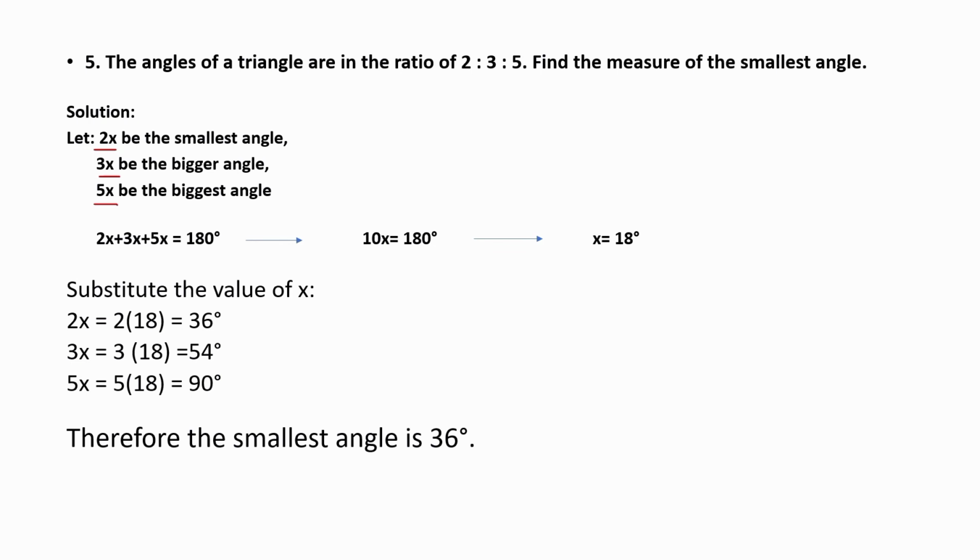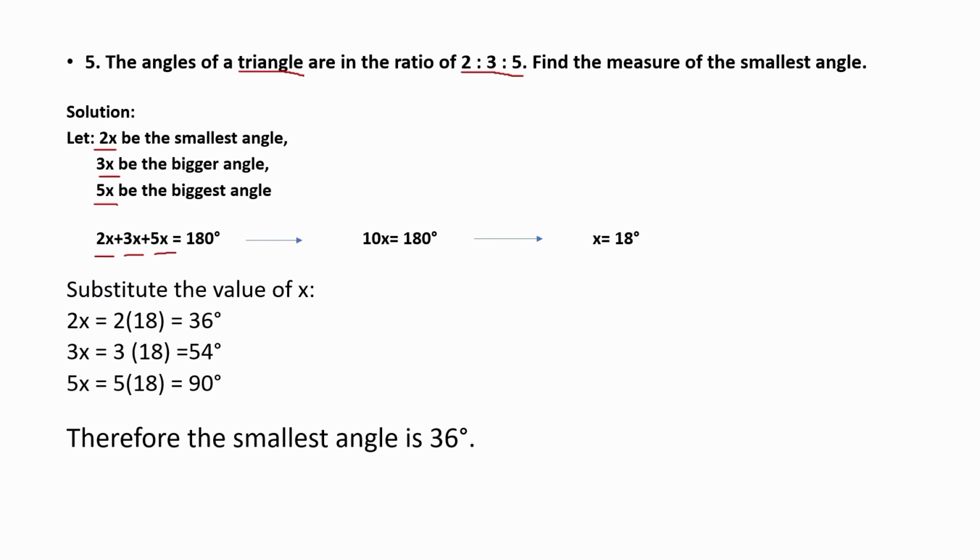So where did we get 2, 3, and 5? From the given ratio here, 2 is to 3 is to 5. X here represents the unknown measure. So we will solve first for the value of x. Now, since our clue here is triangle, we will add 2x plus 3x plus 5x.